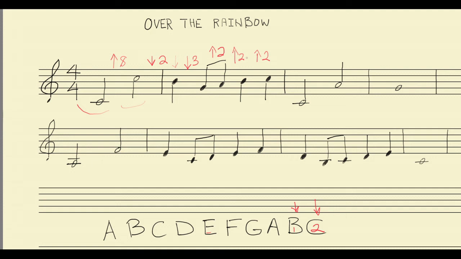We start on a C, we go up 8 notes to a C, then we go down 2 notes to a B, down 3 notes to a G, then up 2 notes to an A, then up 2 notes to a B, and then up 2 notes to a C.